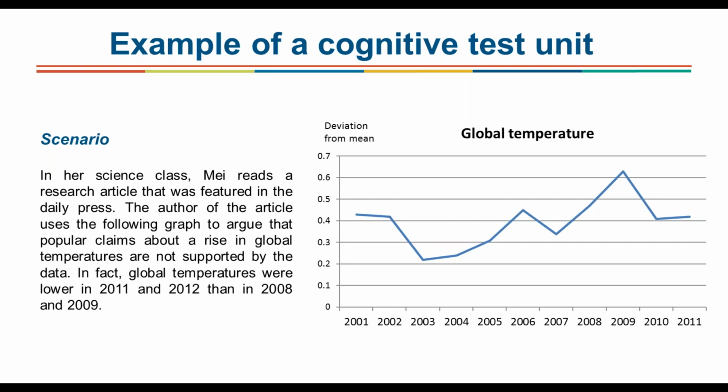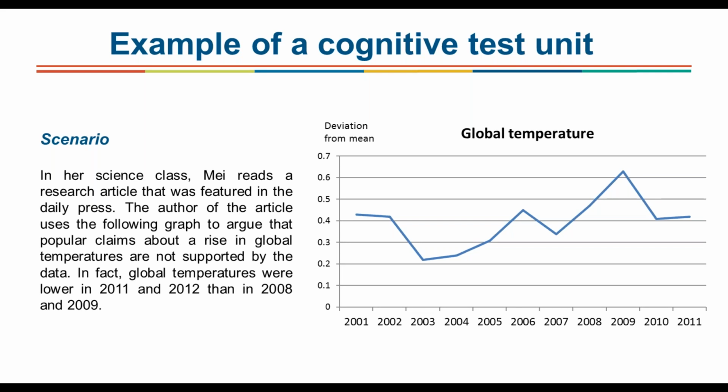So for example, in this one that you can see on screen, it taps into the content knowledge of environmental sustainability, and it simulates a classroom activity in which a student is analysing information related to the debate over climate change.